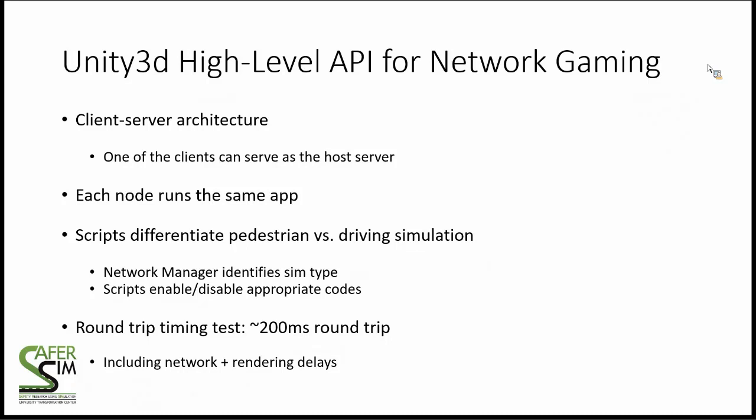We did a few round trip timing tests, and the result came back at about 200 milliseconds round trip, so the one-way simulation delay would be 100 milliseconds. That includes all the network delay and all the rendering delay. That is, if we press a key at UI, the whole movement shows up inside the UW simulation. So that's the timing that we did.